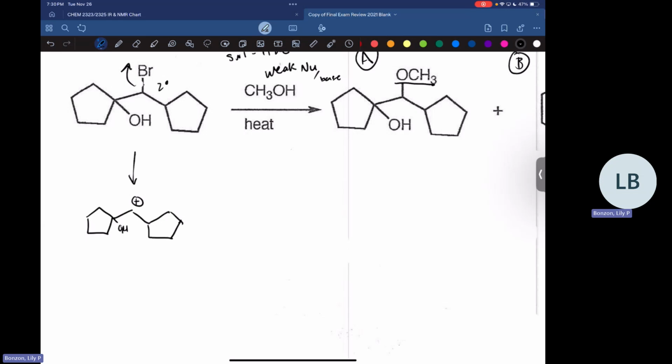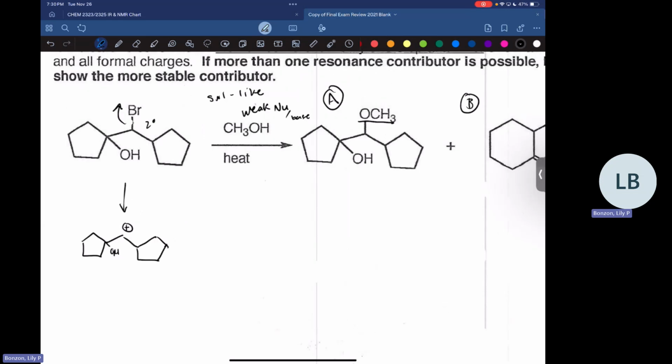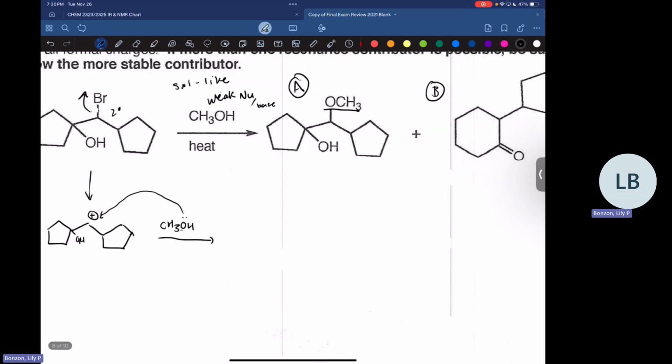So from here, A is a pretty easy one to go for. We just have to do, again, the substitution part of the SN1 reaction. So we're going to have our CH3OH, our nucleophile. It's going to come in and attack at that plus charge. We'll have a bond to OCH3, and then don't forget your hydrogen still attached.